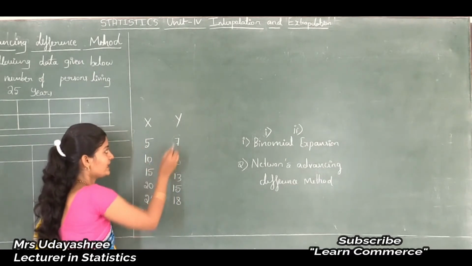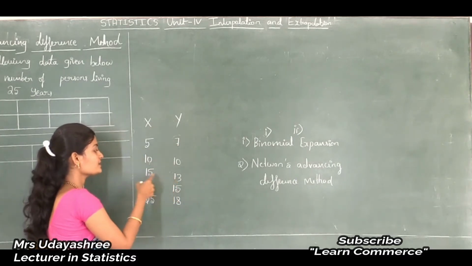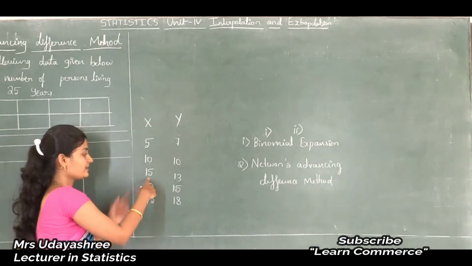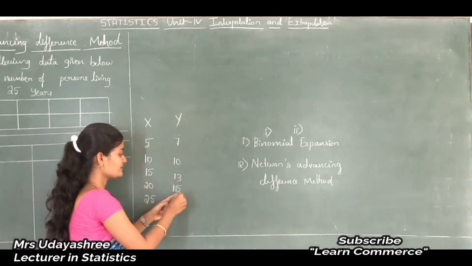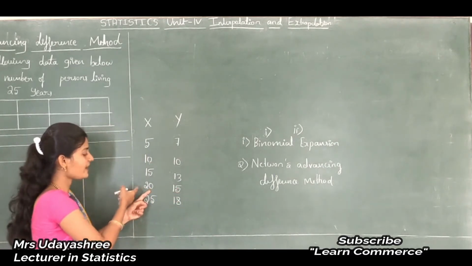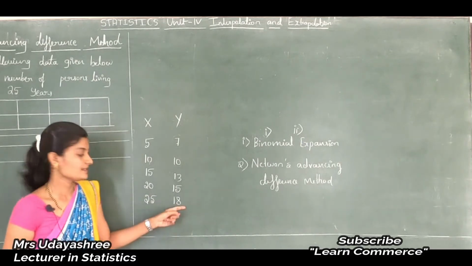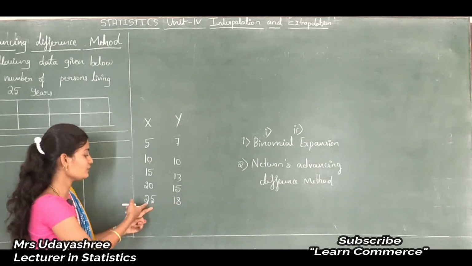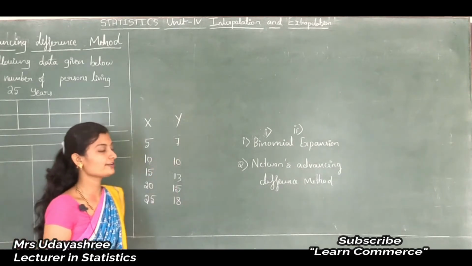So this 7 is interpolated for the x value 5 only. This 10 is interpolated for the x value 10. This 13 is for x value 15. This 15 is for x value 20. And this 18 is for x value 25. That is the second condition of the binomial expansion method.